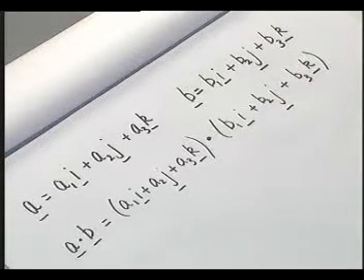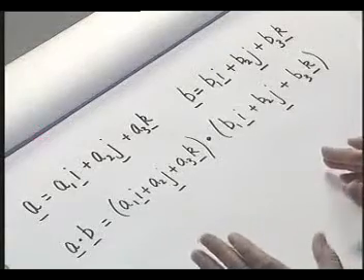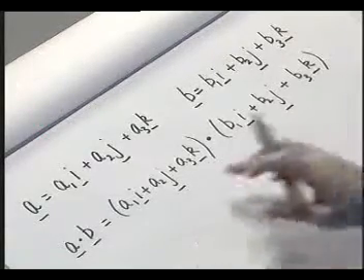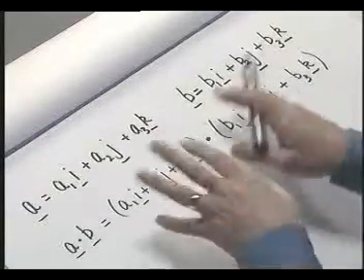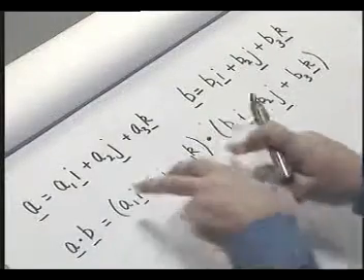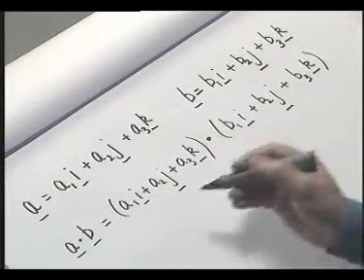Now what we want to do is use our distributivity rule to expand these brackets and work out the individual dot products.